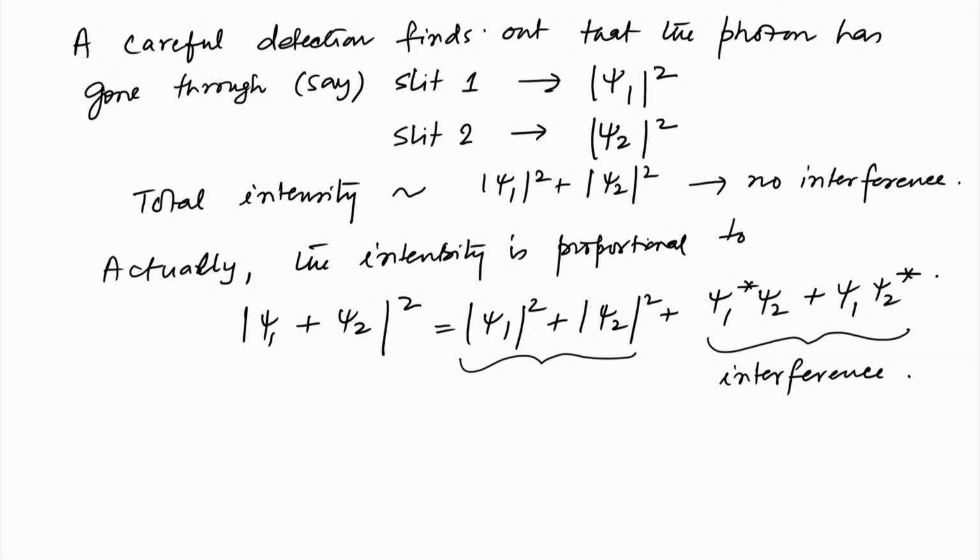So, this is the way the probabilistic interpretation has shaped up the development of quantum mechanics, and it is very important to say that psi, or psi 1 or psi 2, refer to a single photon here, or a single particle for that matter.